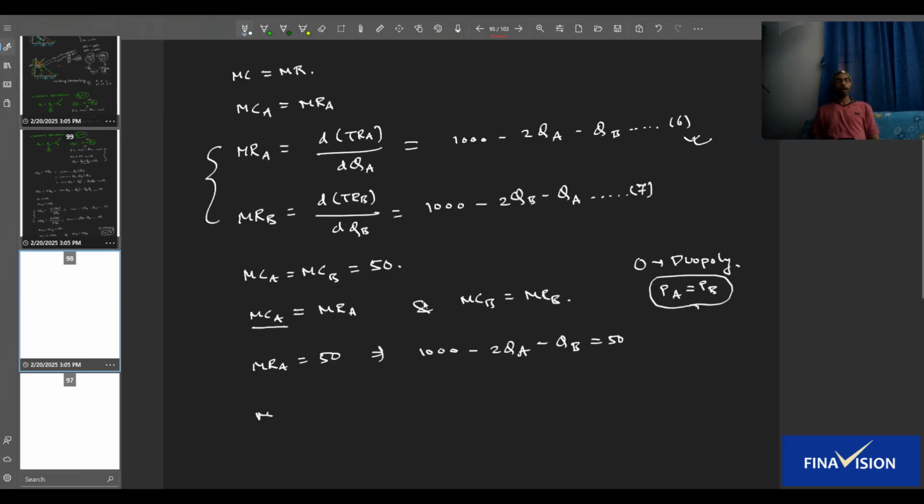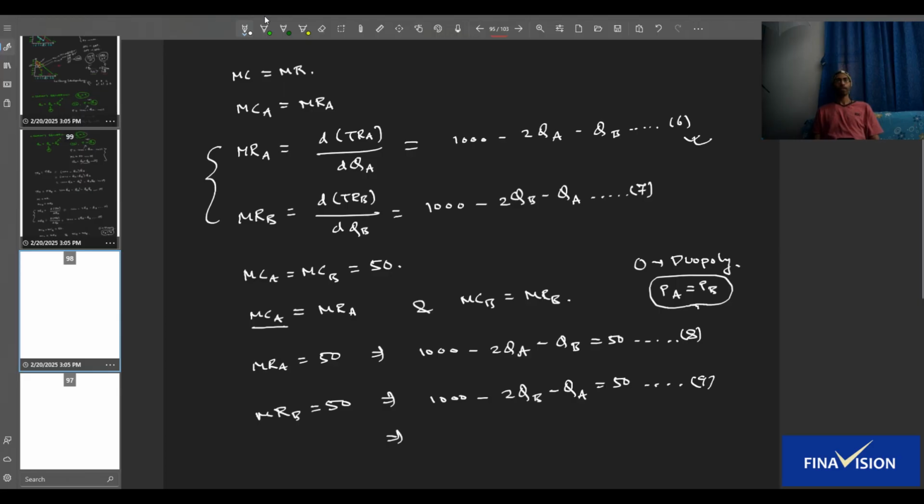And MRB is also equal to marginal cost of B, which is also equal to 50. This implies 1000 minus 2QB minus QA is equal to 50. Now we can modify this equation. Let's call it equation 8 and equation 9.